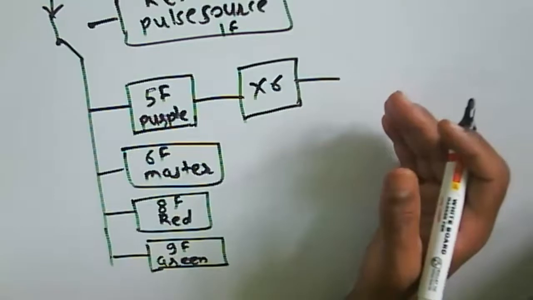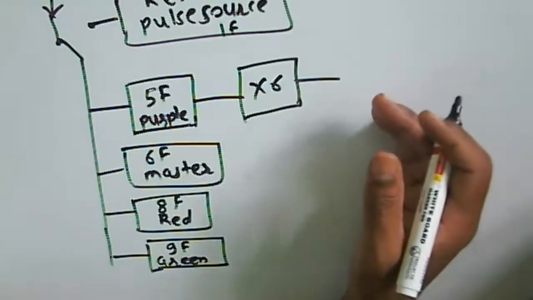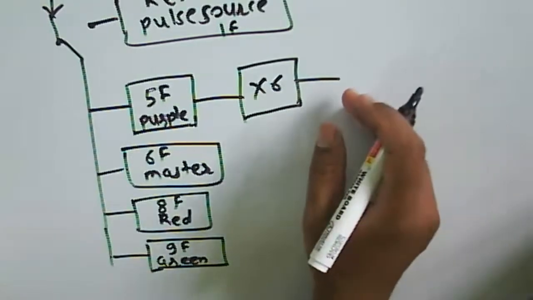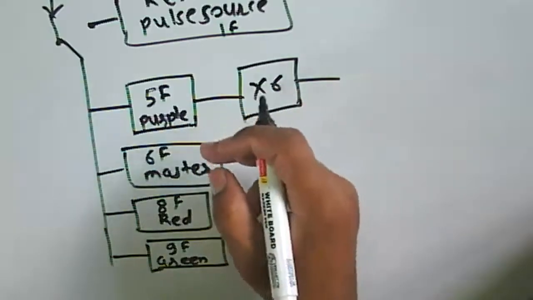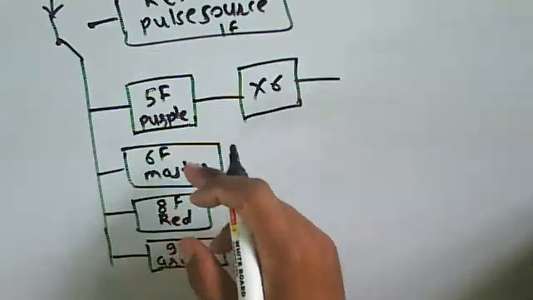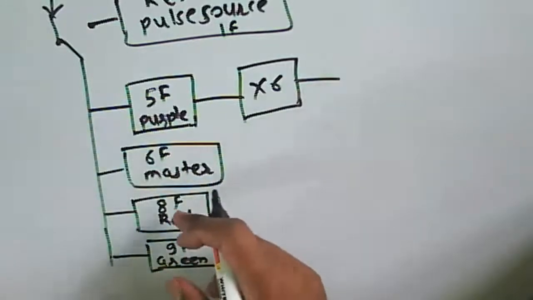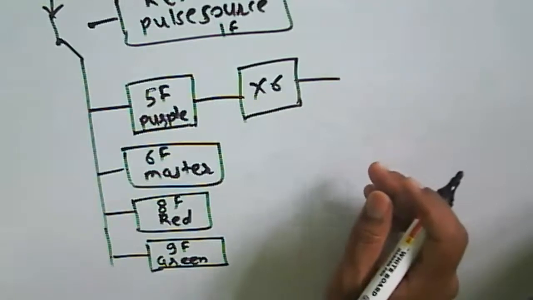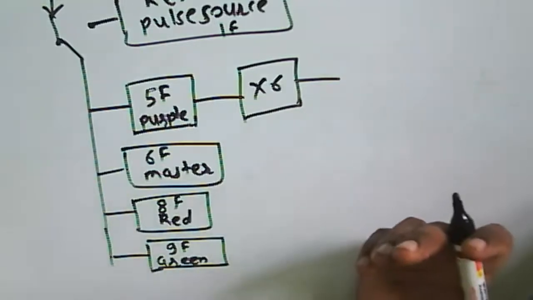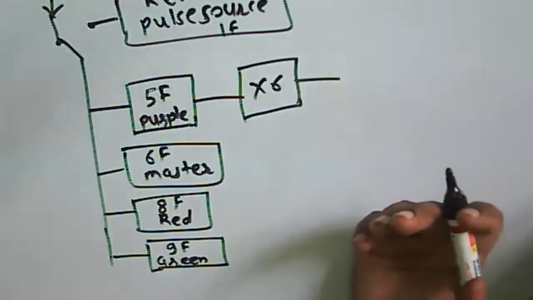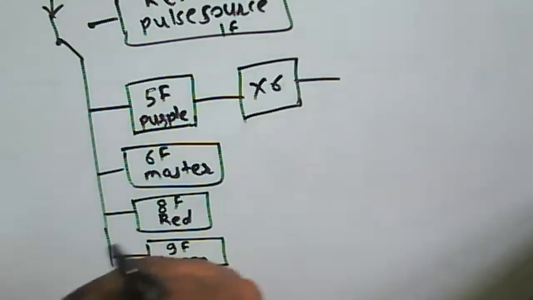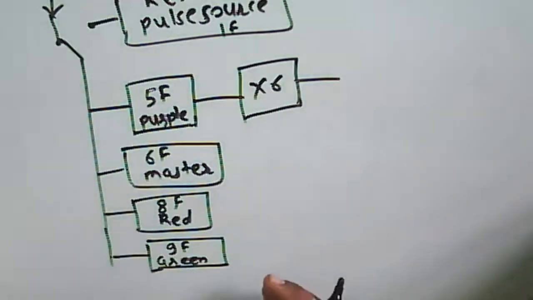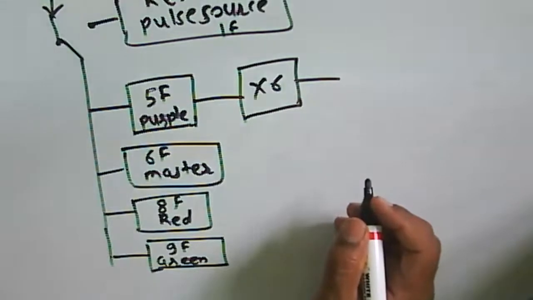Whatever signals we get will be multiplied, and the phase difference from master and purple, master and red, master and green will be obtained. That difference is useful to find the position, and it will be seen on the decometer.